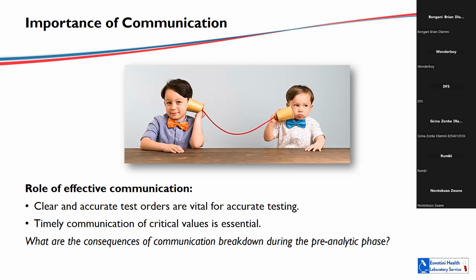But before even coming to rejection, it's the duty of the lab to communicate to the requesters in time, to say, this is what we are expecting from you. This is how we are supposed to fill in the request forms. Or if you collect the samples, this is how we are supposed to collect. If we communicate through the clinician's handbook, it's okay. But sometimes we really need to have meetings, where we communicate in those forums.